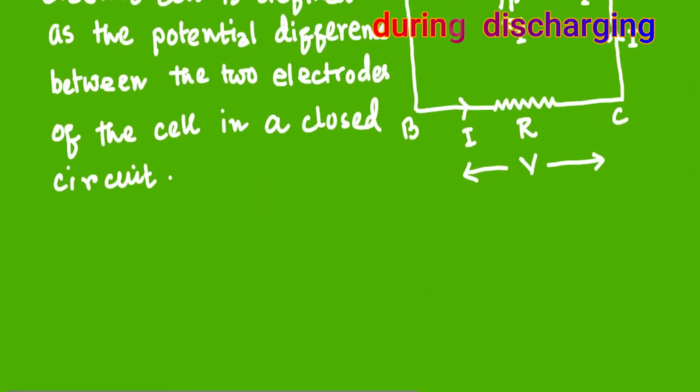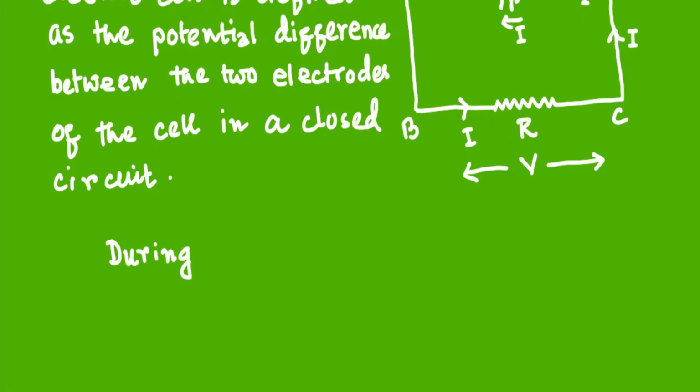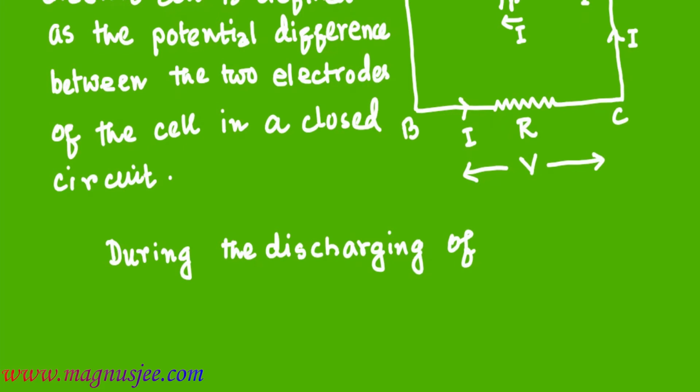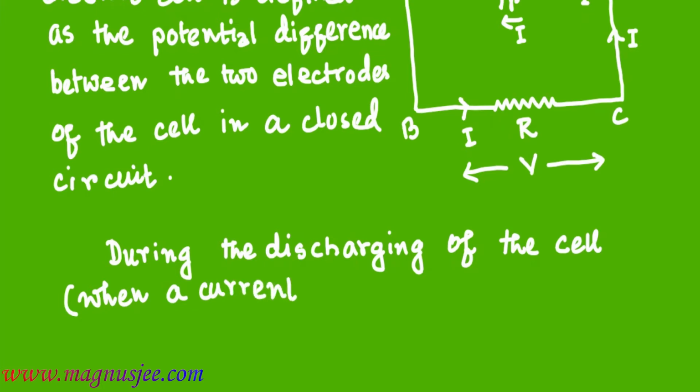Now, during discharging of the electric cell of EMF E and internal resistance small r, that is, when a current is generated from the cell.